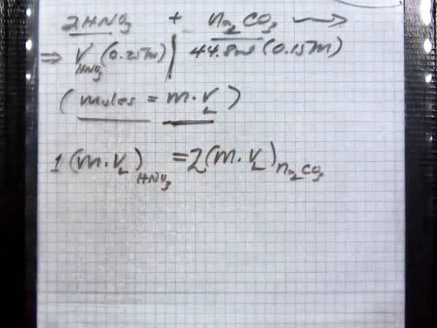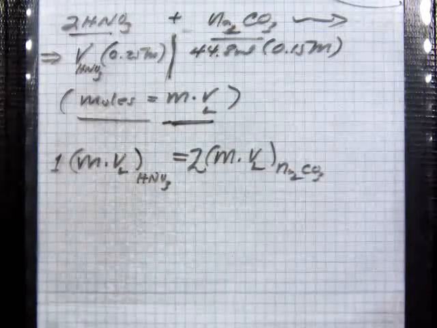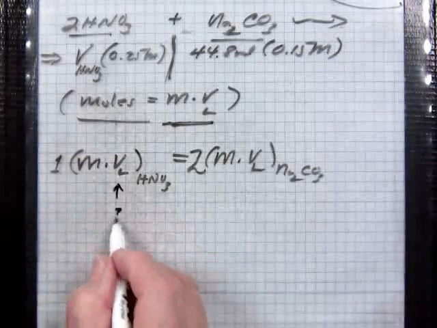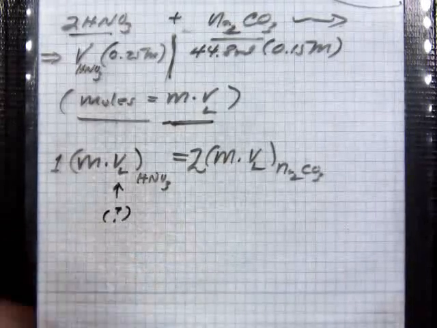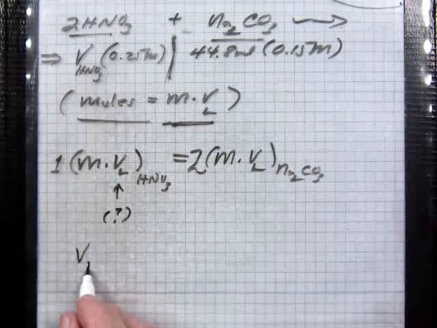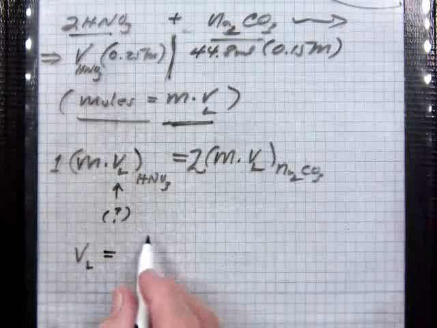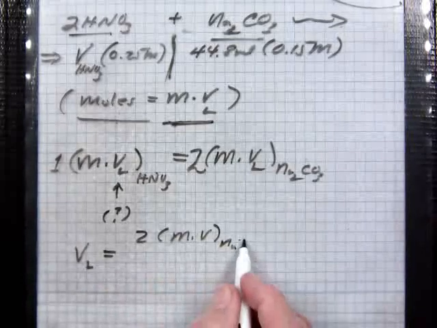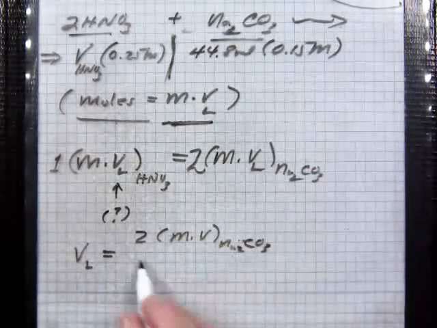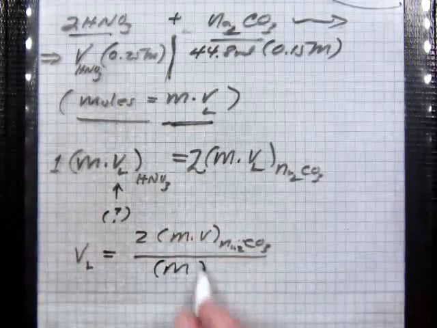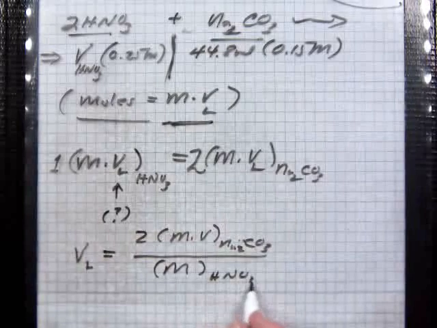Now I have one I can work with and solve for that mystery volume is what we're looking for right here and here. So the volume, you can do it in liters or milliliters now, and liters is 2 times molarity times volume of whatever that sodium carbonate data is, divided by the molarity of the HNO3.